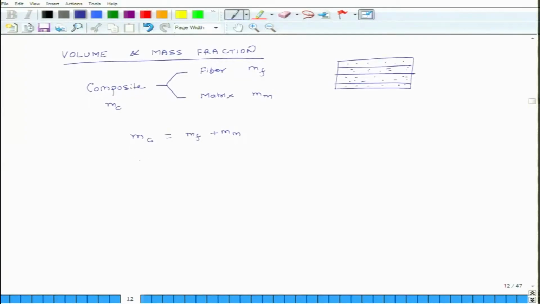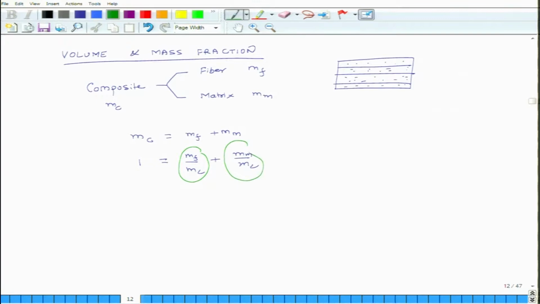So, if I divide this by MC, I get 1 equals MF over MC plus MM over MC, and I relabel these.